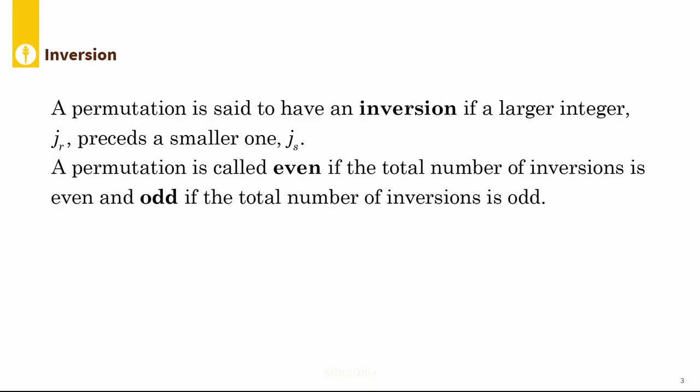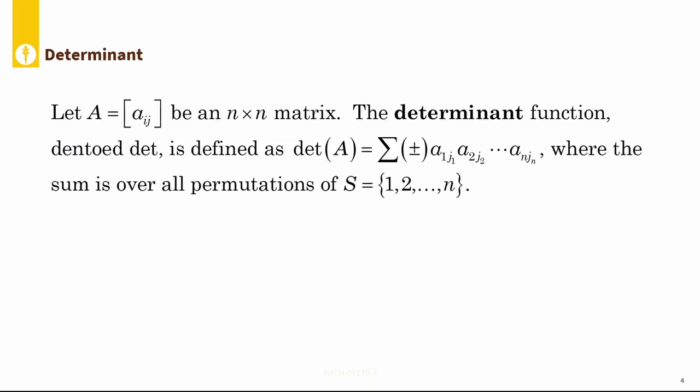Now we can define the determinant. Consider an n by n matrix A, define it as A sub ij.